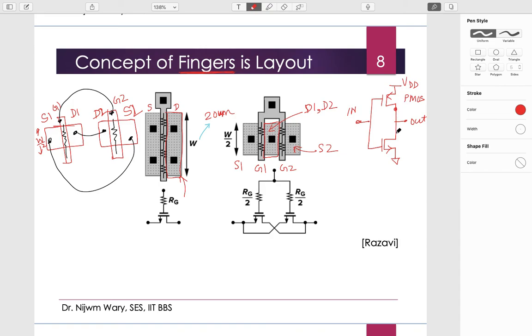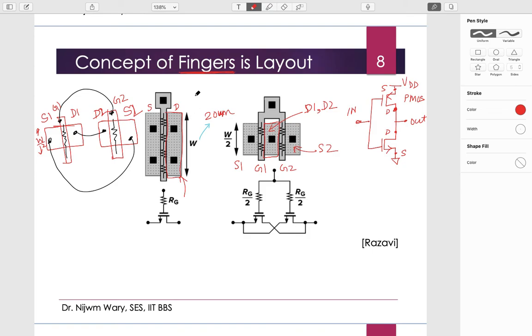The node that is carrying a signal is the drain of the PMOS and the drain of the NMOS. The sources are always connected to the supply or ground. The node carrying the signal is where the rise and fall times are an issue. So the capacitance at this node is more of an issue compared to the source.